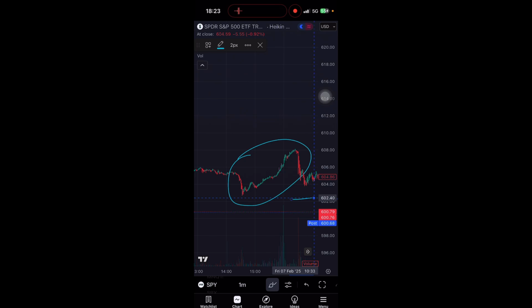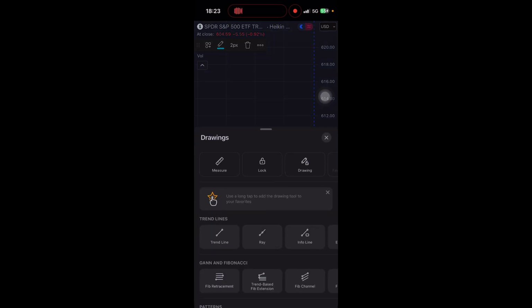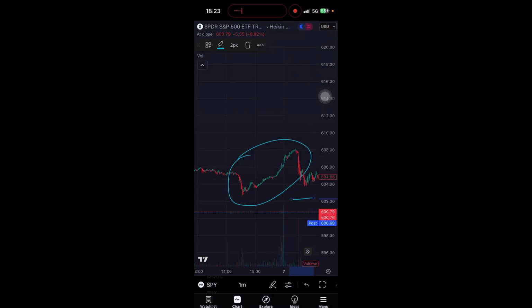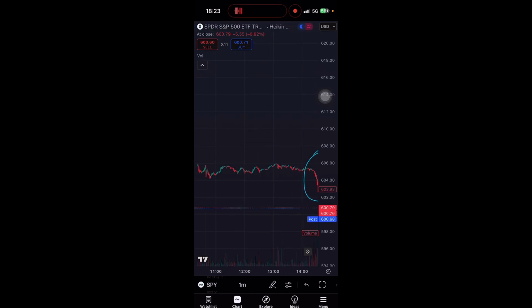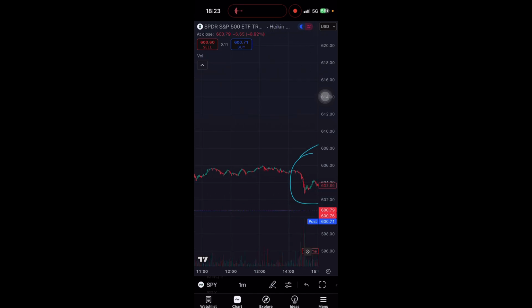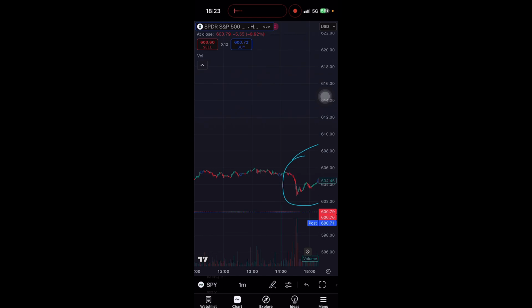If you want to see a good way of seeing price go up, you can see where I'm at right here. I'll circle it with the brush. Boom. Hold on, let me erase that right quick. Anyway, you guys can see it right here.